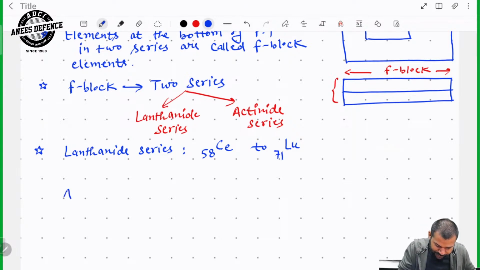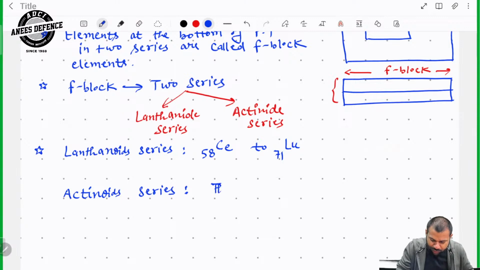And actinide series starts from thorium Th, atomic number 90, and goes to Lr with atomic number 103.